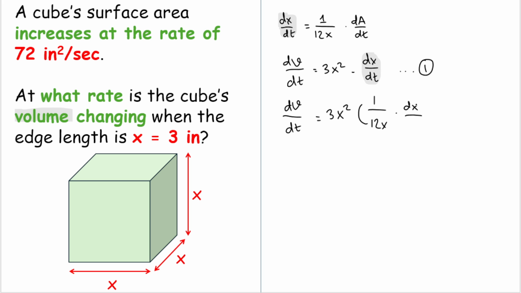I mean dA/dt, not dx/dt. Okay, what can cancel here? 3 and 12 will cancel into 4. This x will cancel the square here. And we can have dV/dt equal to x over 4 multiplied by dA/dt.